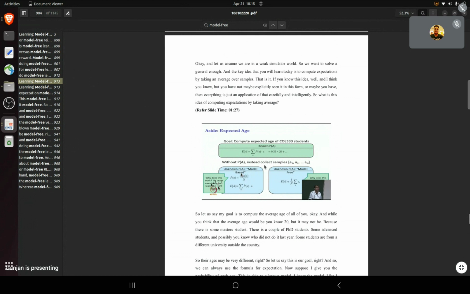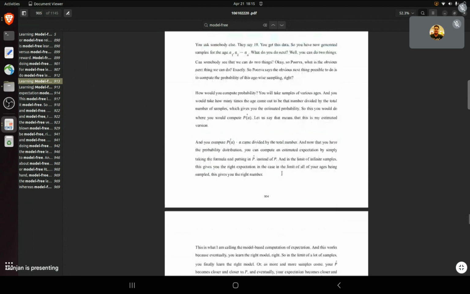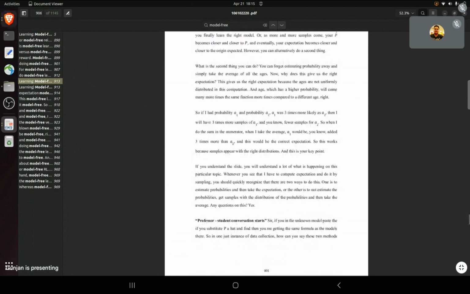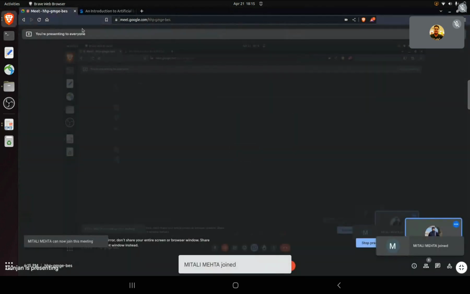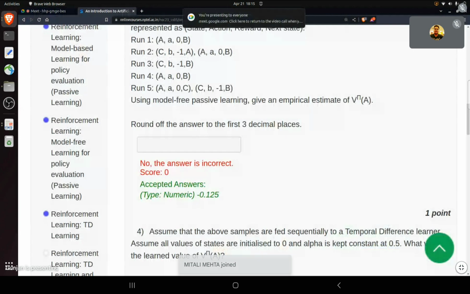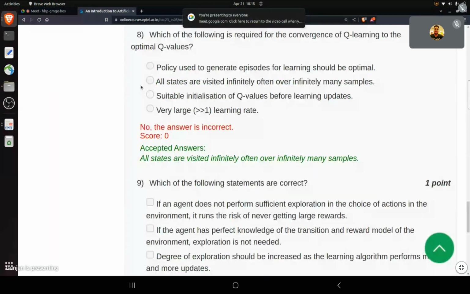Because eventually you learn the right model, and then what we did was just sigma and then we took the average of whatever we saw. But anyway, I think that is something for you to check on your own. That might be a good idea to do, just a learning exercise you can have.